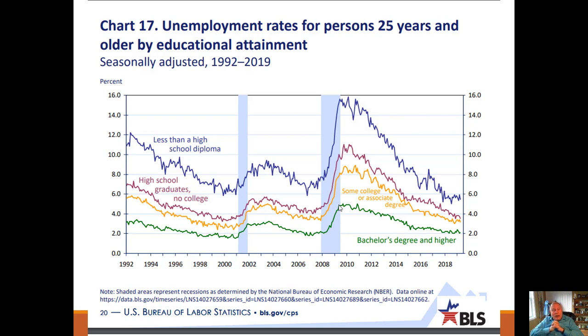Those with a high school diploma and no college were again quite high. So this is really good news as to where we are. But you can see there's an educational gap here. The more education you have, the lower the unemployment. The less education, the higher the unemployment.